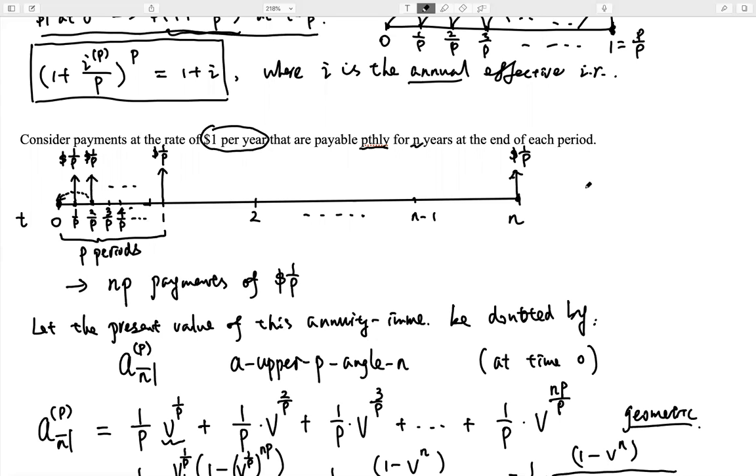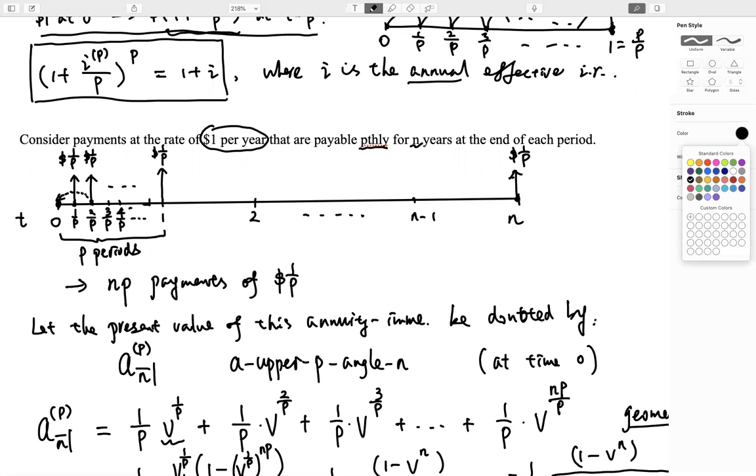So let me get a different color. So time is a relative concept. Before, we always treat year as the unit. So 1 here refers to 1 year, 2 here refers to the end of 2 years, etc. So the default unit is year. But that does not have to be the case, right?